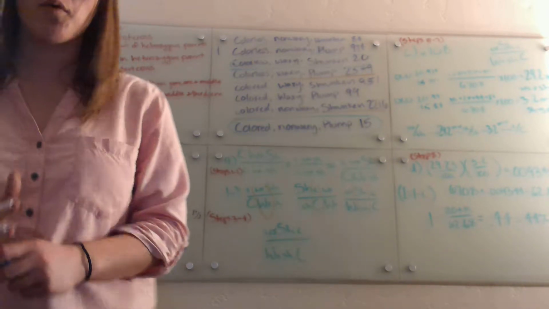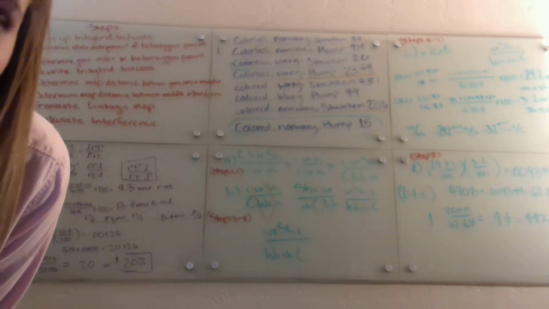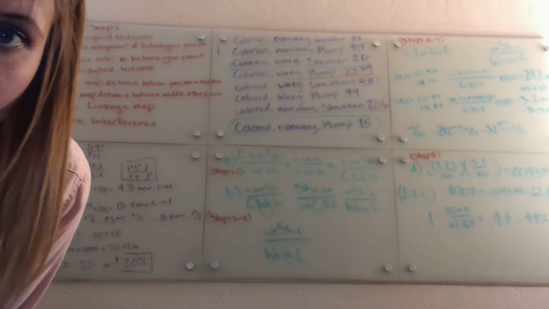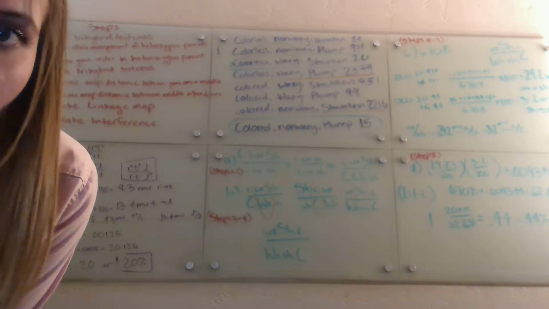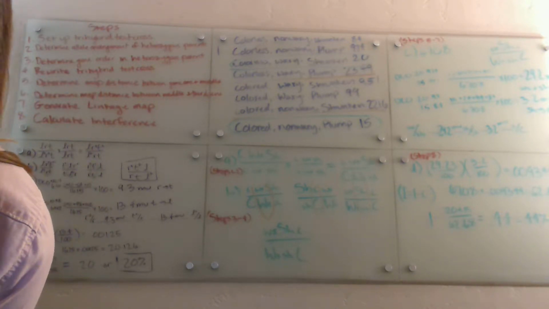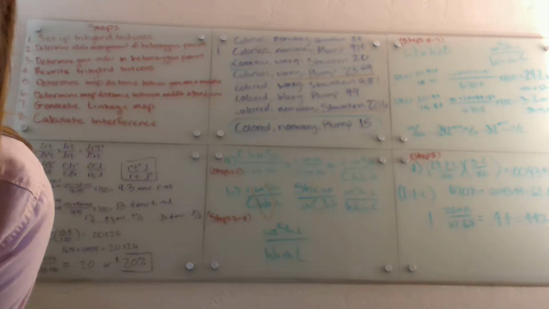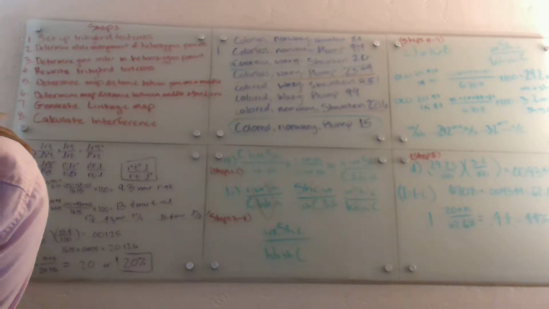For number 1, it says in corn, alleles capital C, which is dominant, and lowercase c, which is recessive, result in colored versus colorless. So colored is dominant, colorless is recessive. The capital WX, which is dominant, and lowercase wx, which is recessive, result in non-waxy versus waxy.